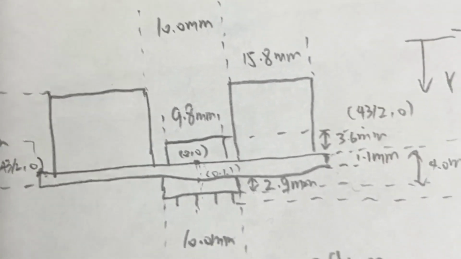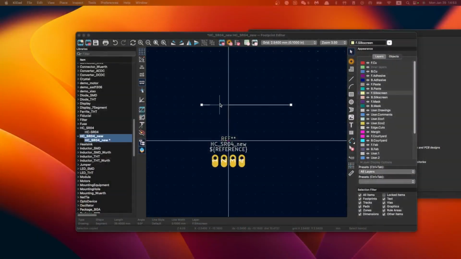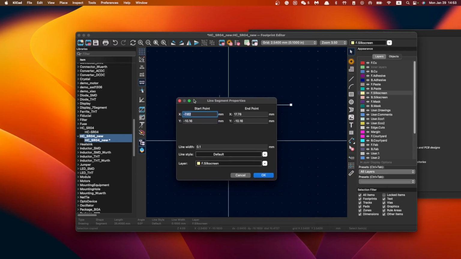And then we can just edit these properties on the footprint editor and say x should be negative 43 divided by 2, which is negative 21.5, y is 0, this one's 0, and this one is just the opposite of it.